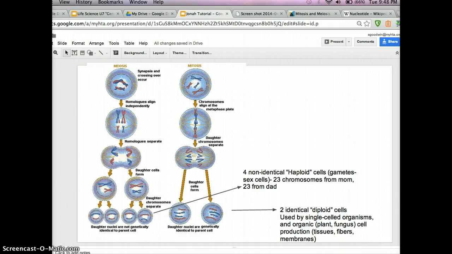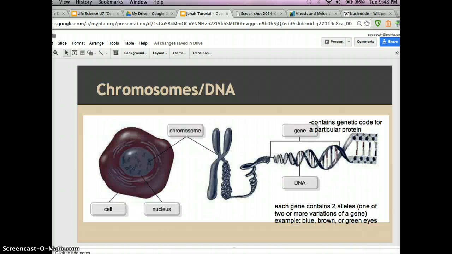Okay, the next thing that we're going to talk about is chromosomes down to DNA. So you probably know a bunch of this, Jonah, but the genetic information is found in the nucleus of a cell. We can pull some of that genetic information as a chromosome, and a chromosome basically is one really long strand of DNA.